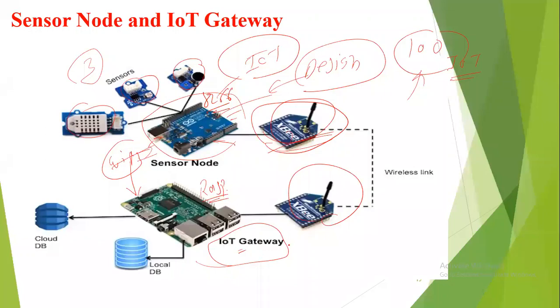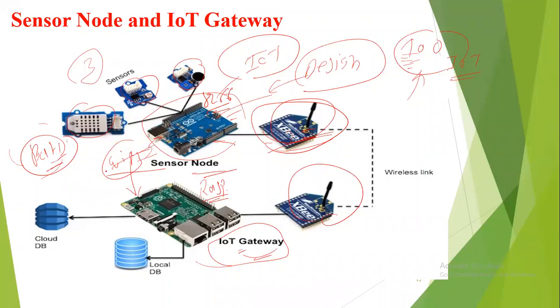Now, why is this option chosen? Because these sensor nodes basically work on batteries. Suppose you are designing 100 sensor nodes and you place them in different areas. It is not possible to give an unlimited power supply to them, so you need to provide the power supply from a battery, and a battery doesn't have a long life.